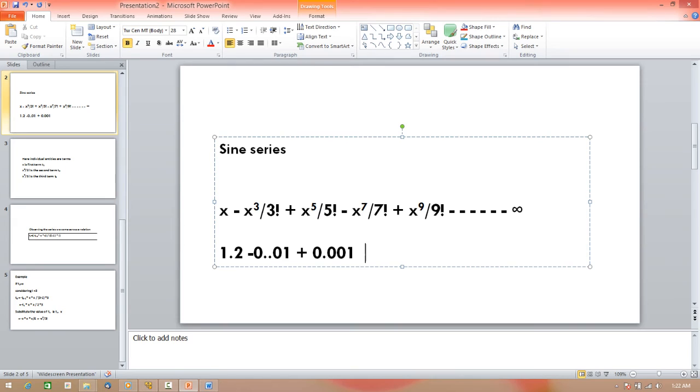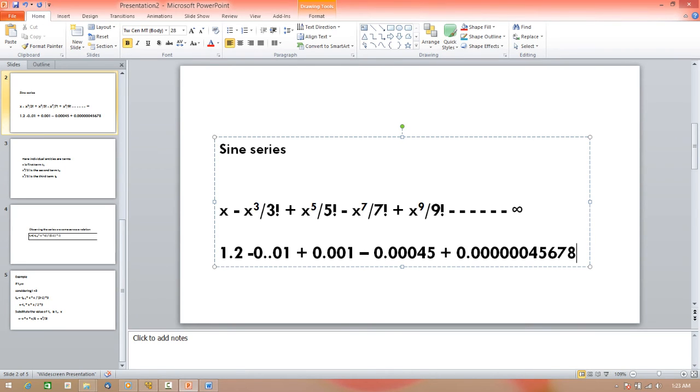Next term would be what? Minus 0.00045. Next term would be what? Again plus of 0.0000045, something like this. So when we see these terms, they are becoming smaller and smaller.